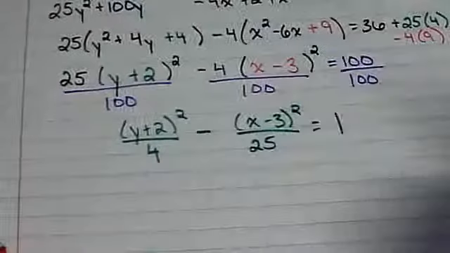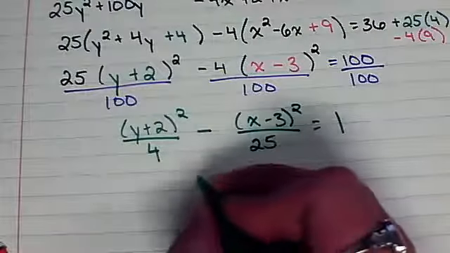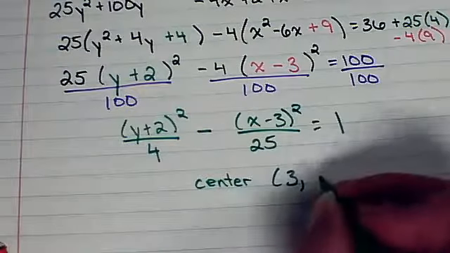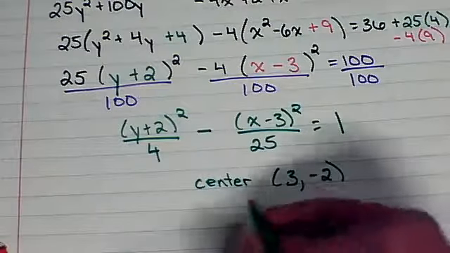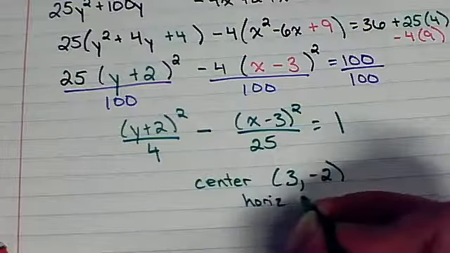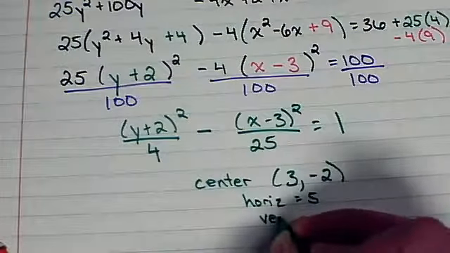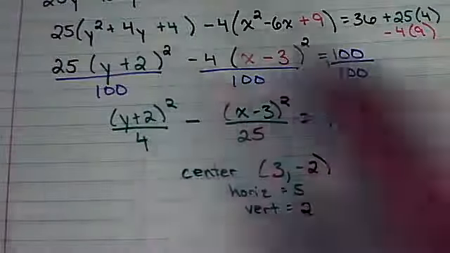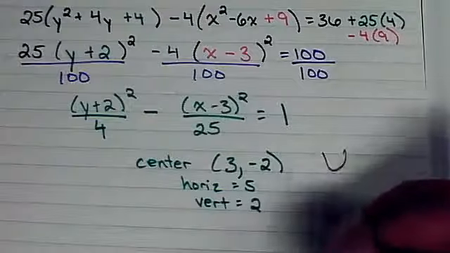Now, what all do we know? That's going to be a center of 3, negative 2. That horizontal distance is going to be 5. Vertical distance is going to be 2. And since the y squared is in front, it's going to open up and down.